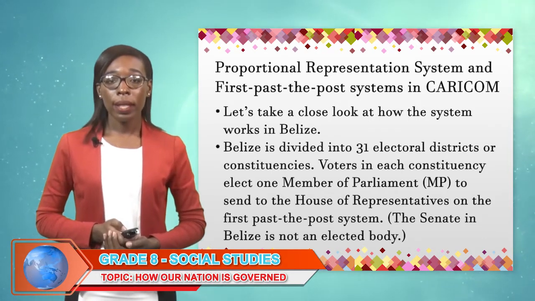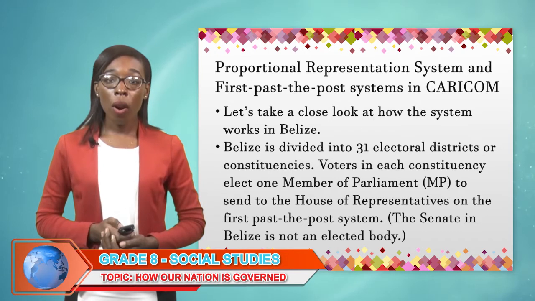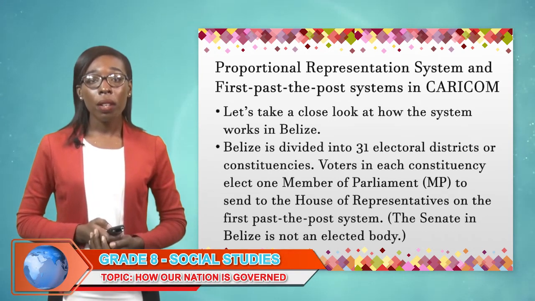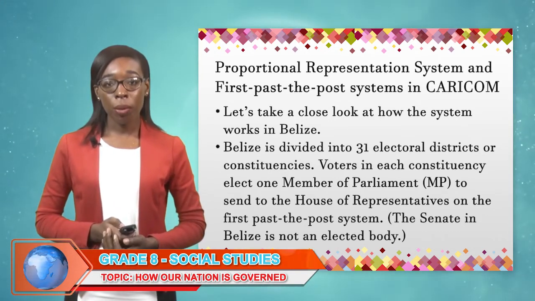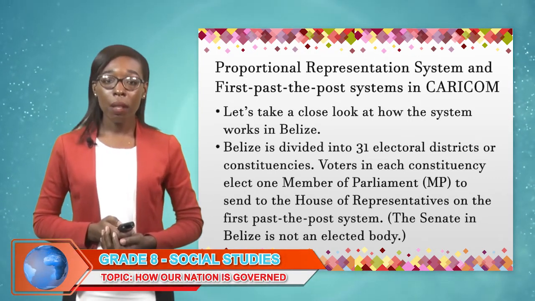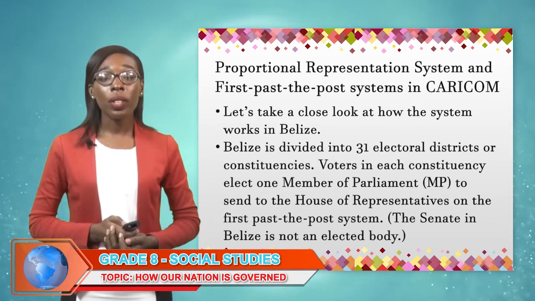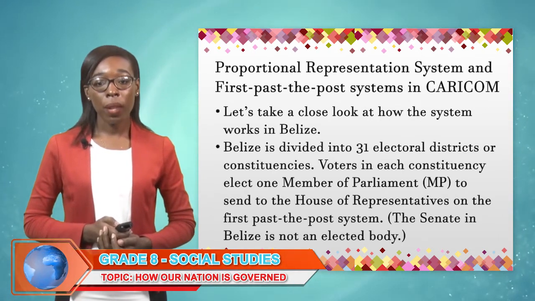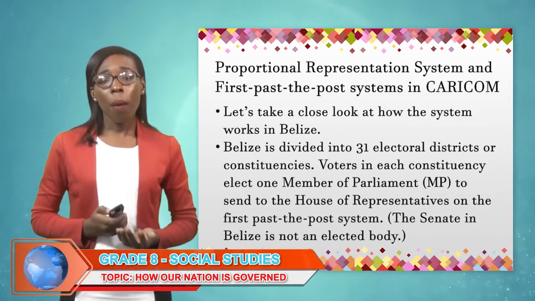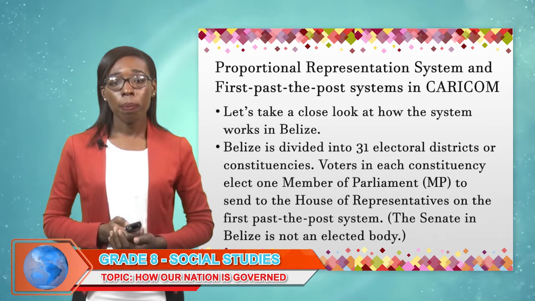A political party is a group of people who seek to influence or form the government according to their agreed views and principles. There are two main political parties in Belize. Each party nominates one candidate for each constituency. Independent candidates may also contest the elections.